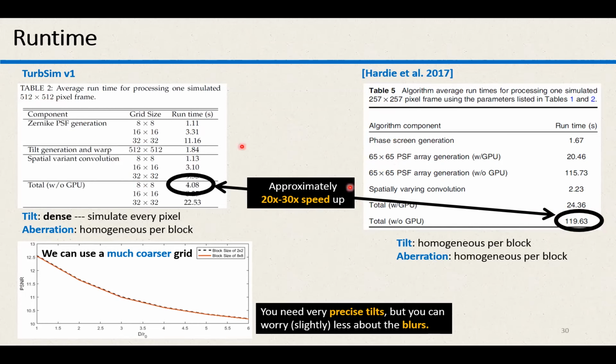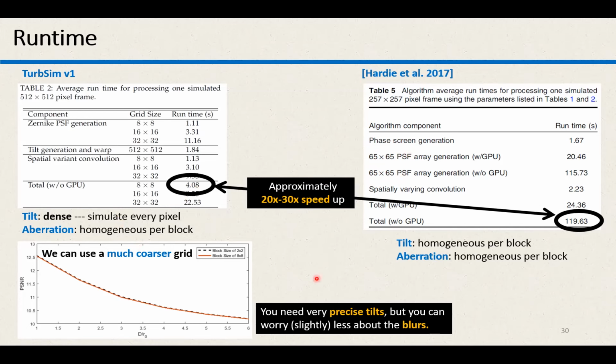However, I should note that the comparison is indeed fair, because when they have the 65 by 65 grid, the number of tilts that they're able to generate will be limited by the grid size. For us, the number of tilts is actually dense. So for every pixel we have a tilt map. And compared to the 65 by 65, they have a limited number of tilts.